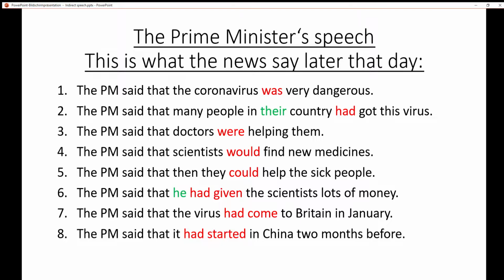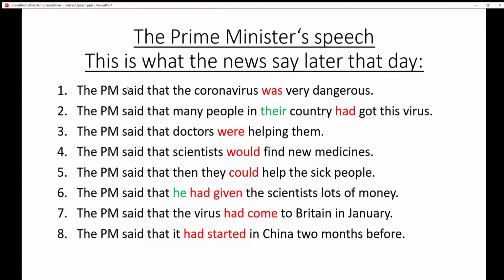We will talk about them at the end. Let's first of all look at the red ones, and then you can see that these all are concerned with the tenses that are used in the sentences. So there are changes in the tenses that are necessary if you report what somebody else has said.